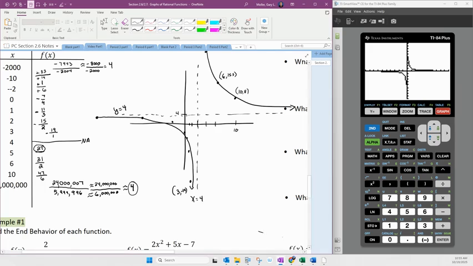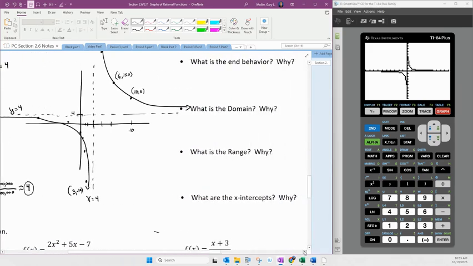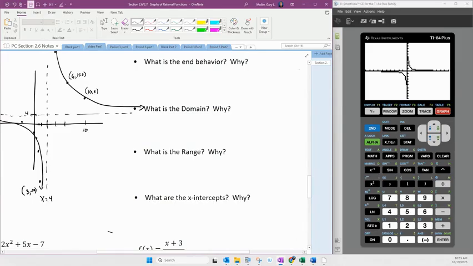What's all these words I have over here? Let's find out. Oh, I've asked you all the questions. So what is the end behavior? As x goes to negative infinity, what does y do? Well, unlike a polynomial, it doesn't just keep getting bigger. It doesn't keep getting smaller. We saw that it got closer to 4. And as x went to the right, we saw that y got closer and closer to 4.